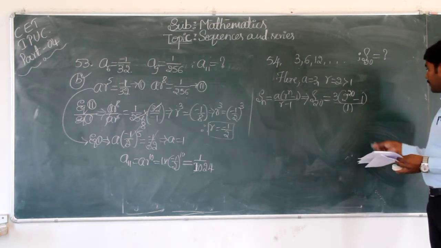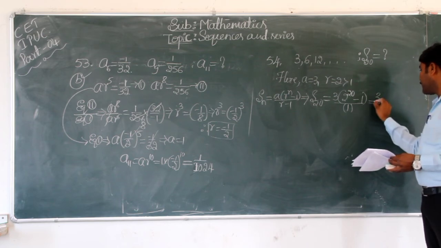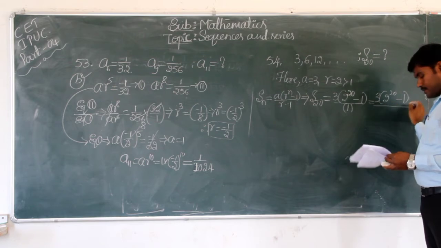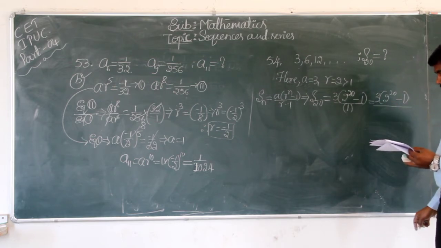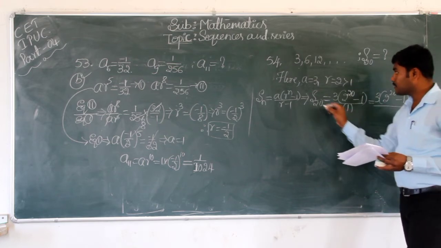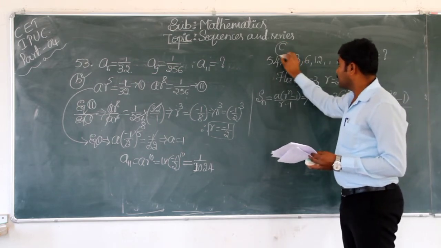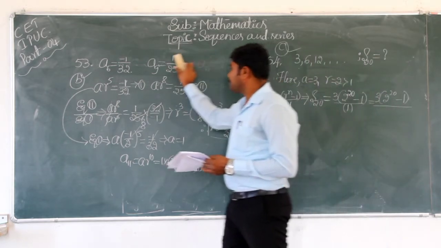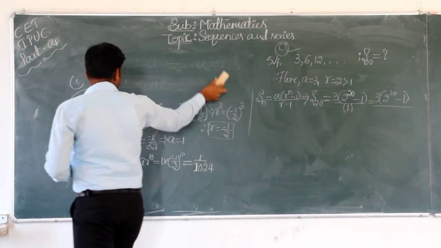Option C is 3 of 2 to the power of 20 minus 1. It is that. Option C is right. And option D is 3 upon 3 of 2 to the power of 19 minus 1. Therefore option C is the correct answer. Next, take down the next problem, 55th.